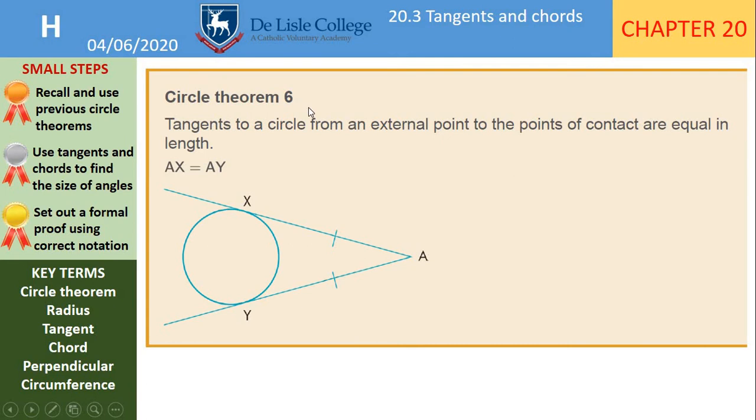So this leads us to circle theorem 6, that tangents to a circle from an external point are equal in length. So if you see two tangents drawn from a circle and they meet at a point outside the circle, all I need you to remember is that these lengths are equal.